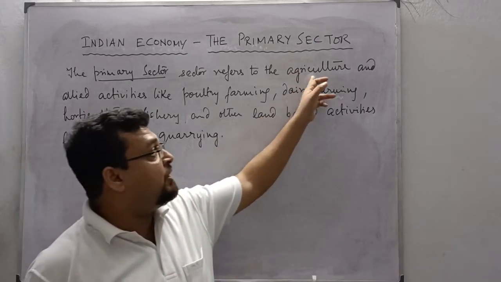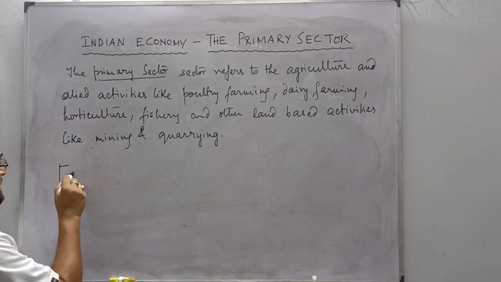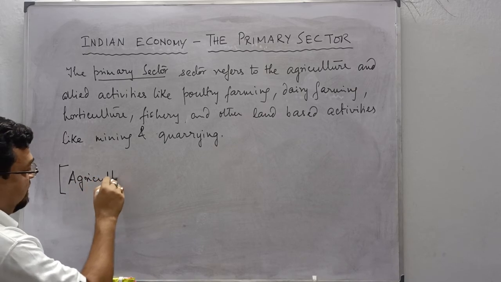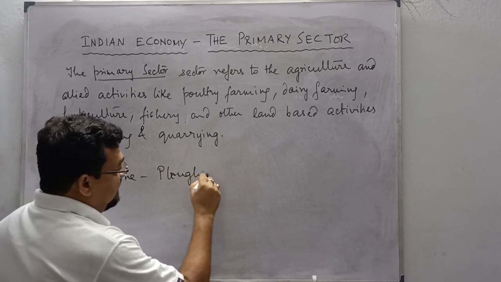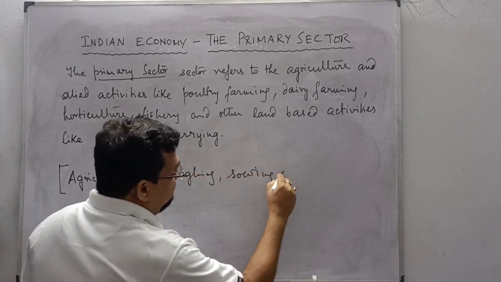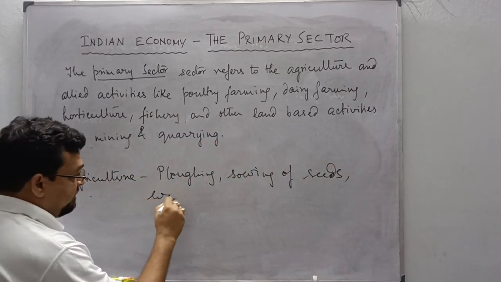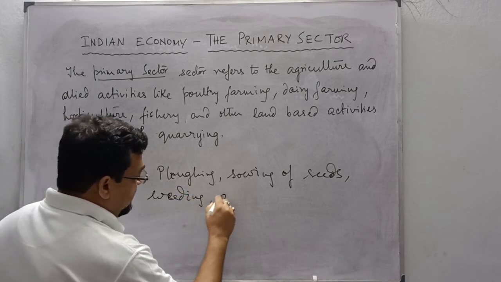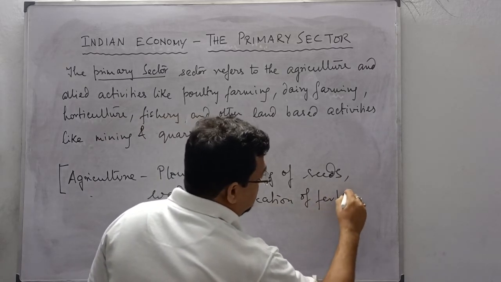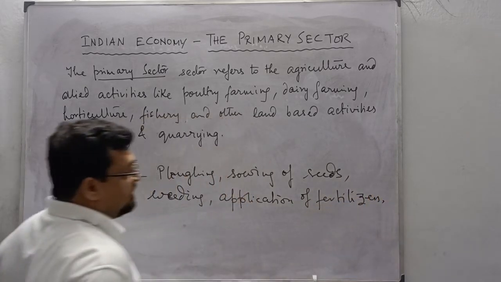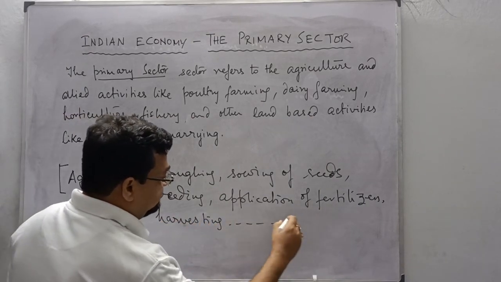When we talk about agriculture, what things may be happening? It may be plowing, sowing of seeds, weeding, application of fertilizers, then harvesting, and so on.